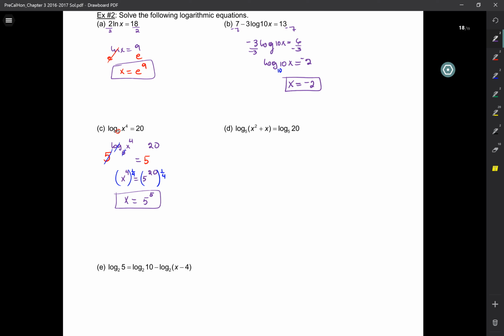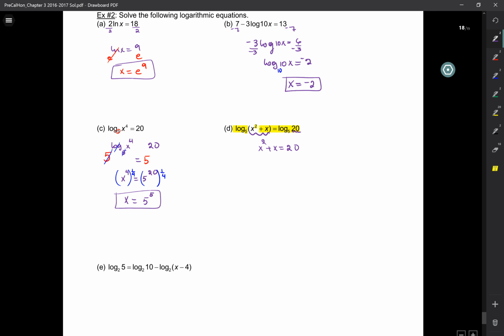All right. What about here? If you look at this, you have log base 5 and log base 5. They're identical to each other. So what I'm going to do is set the arguments equal to each other. So I have x squared plus x is equal to 20.